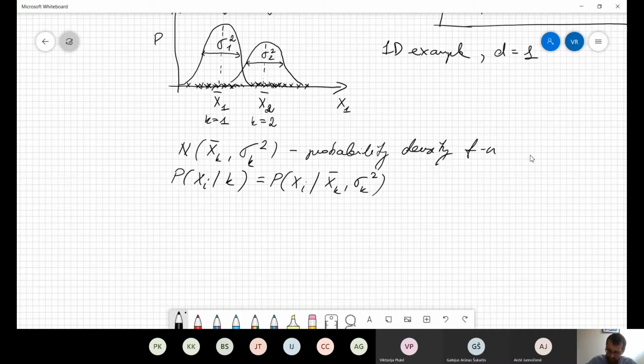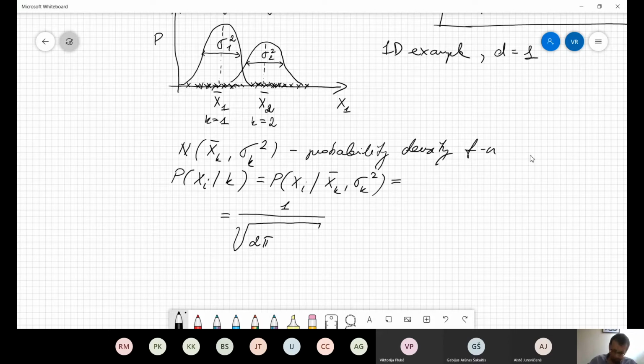So given the center and given the variance, what is the probability for this observation to be in this cluster? Okay, so we can continue that, and I will write once the function, which is quite a big one. You don't need to memorize this, but anyway, for 1D I have to write it down.